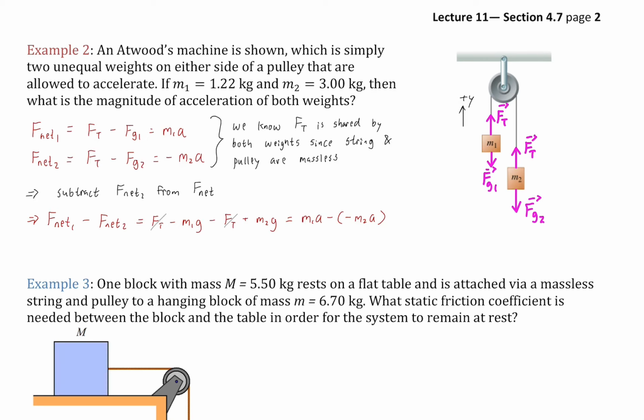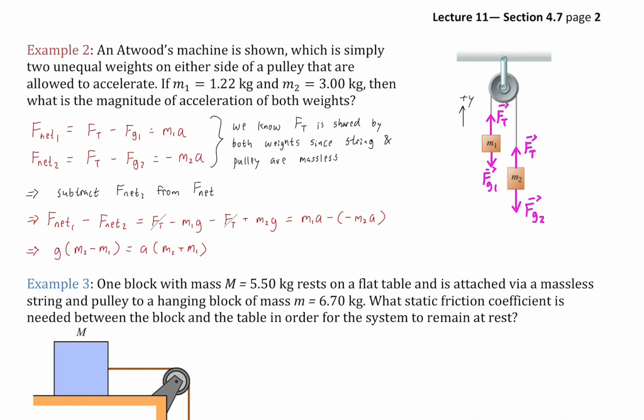Notice then when I do this, the tensions cancel. That was the point because I'm trying to get rid of the tension. I could solve for it, but since I wasn't asked for it, I'm just eliminating it through this particular algebraic technique. And then since I am subtracting F2, I'm going to have minus a negative, so this will become a positive as well.